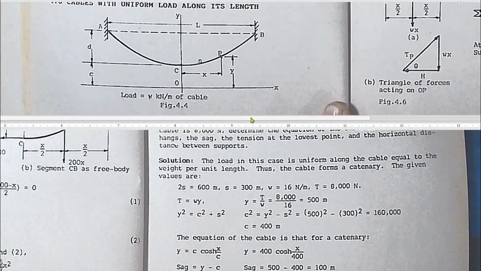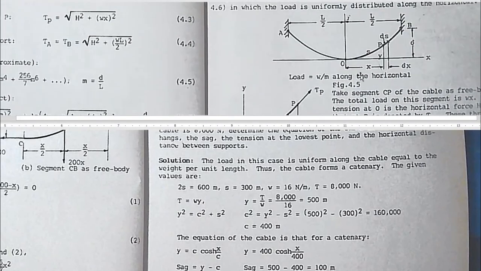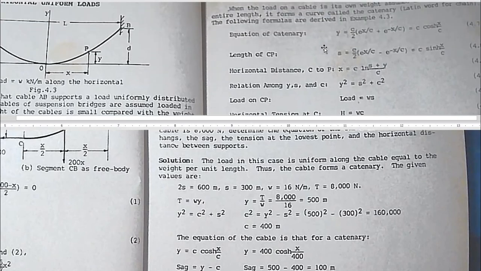So, going back to the equations, the equation for a catenary is C times hyperbolic cosine of x over C. Okay? So, you simply substitute 400 for C, and then x is simply any point at P. Okay? And then you have C again here. So this is the equation of our cable.